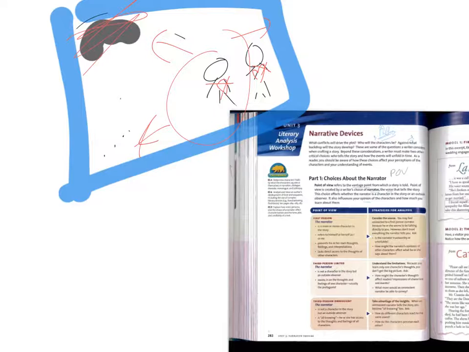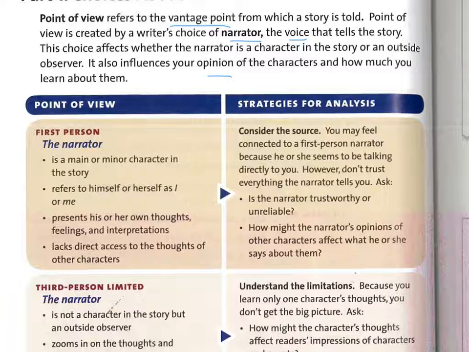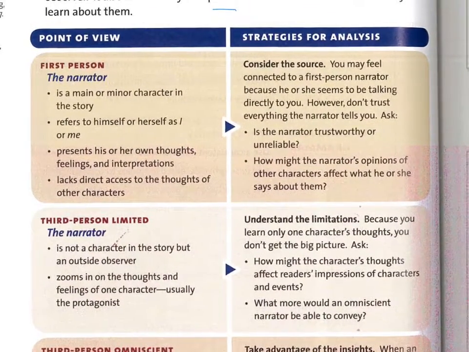And we'll be reviewing these terms on Quizlet as well. So point of view. There's a great chart here. We'll make sure we have this in our notebooks. Points of view and what are your strategies to analyze point of view.